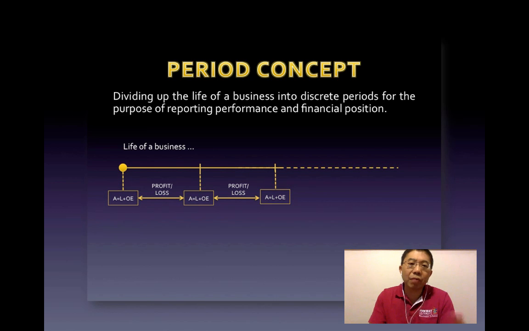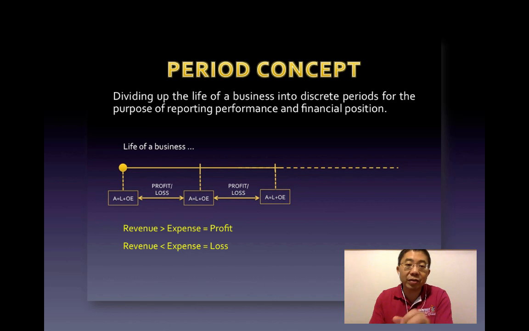But profits are determined for each period of time. For each period, we calculate the revenues and the expenses during that period alone, and we determine the profit. If revenues exceed expenses, we have profit. If revenue does not exceed expenses, then we have a loss.